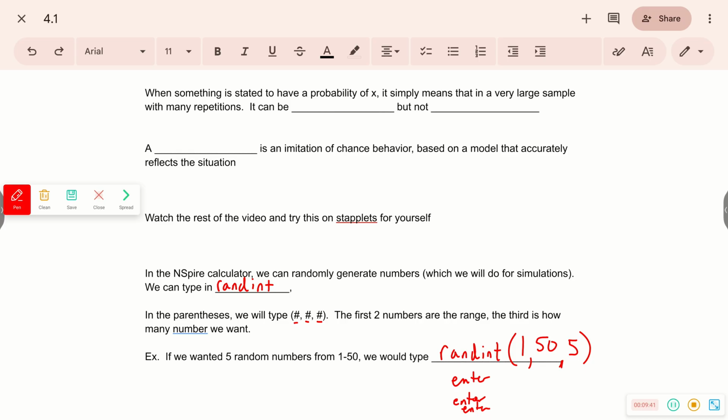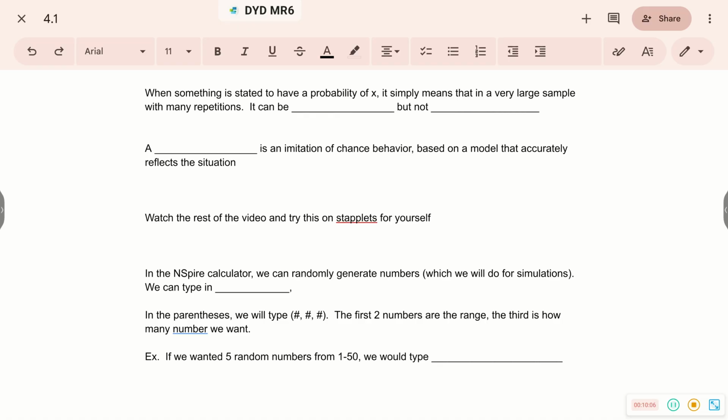That'll be a good random number generator when we do a little simulation, and that might be better than Statplets because this one's a little bit more controlled. All right, so I want to show you a simple simulation real quick of chance behavior based on a model that accurately reflects the situation.